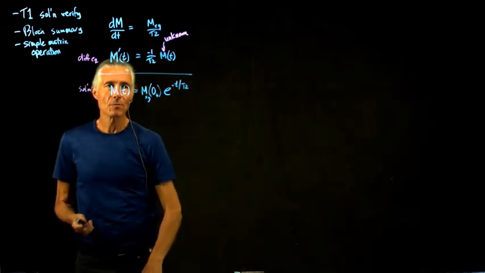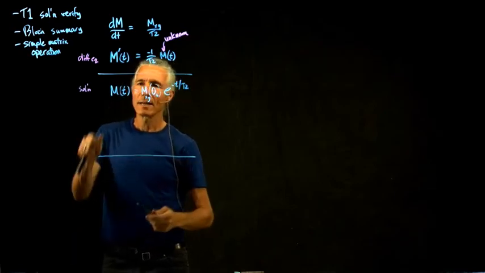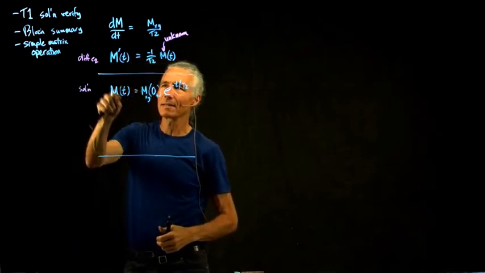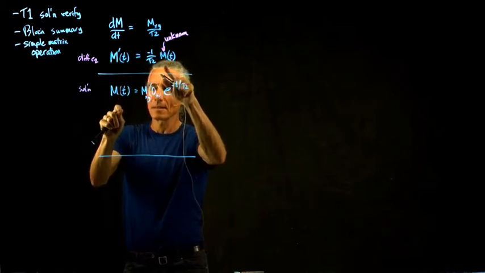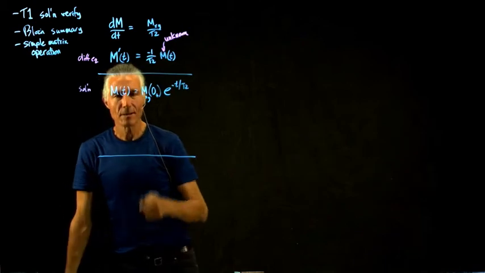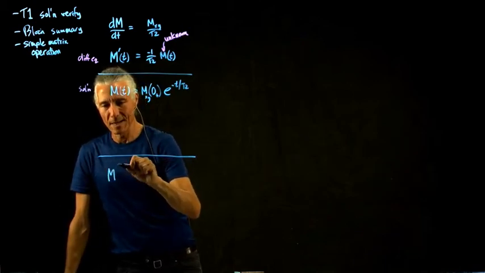The way we test whether it's a solution is we take the derivative of this and see if it equals this. So how do we take the derivative of that?